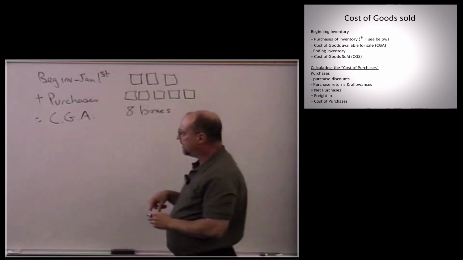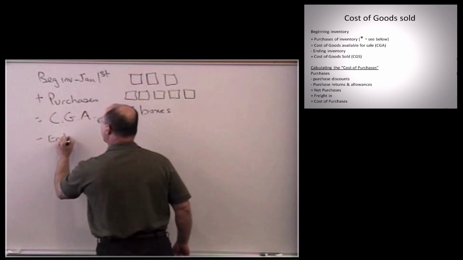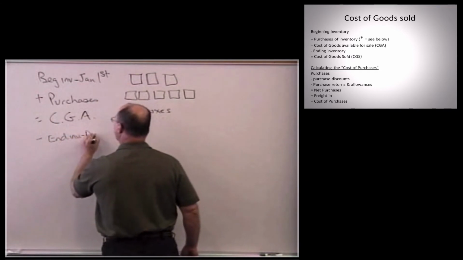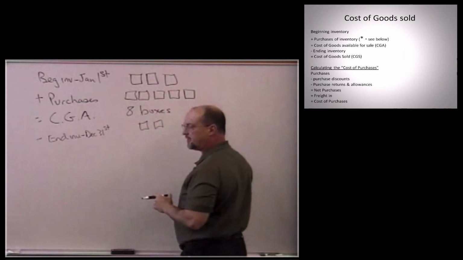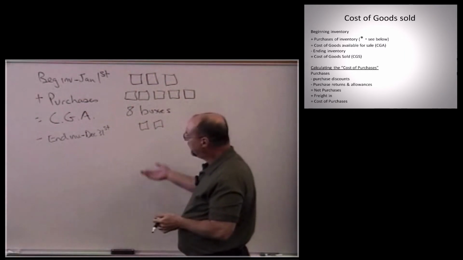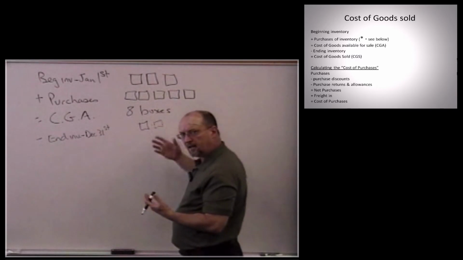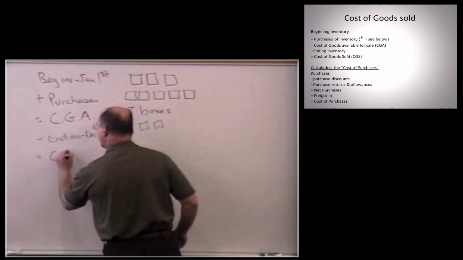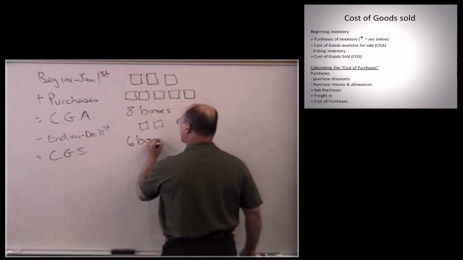At the end of this year, I count my physical inventory, ending inventory on December 31st, and we counted 2 boxes in inventory. If they're in inventory, we didn't sell them. So I subtract my ending inventory from what was available to sell, and that tells us how many boxes we sold, which in this case was 6 boxes.